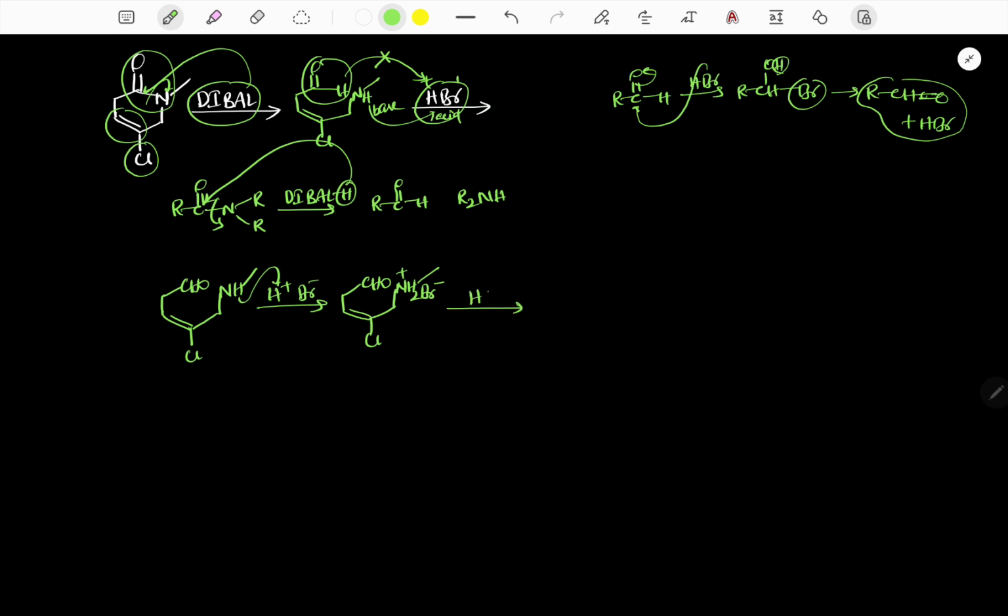Again it can react with HBr because we have an alkene. The alkene reacts with HBr and forms a stable C plus, stable because of the plus R effect. Now it reacts with the corresponding Br minus.